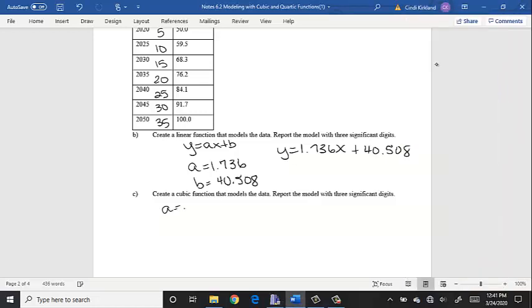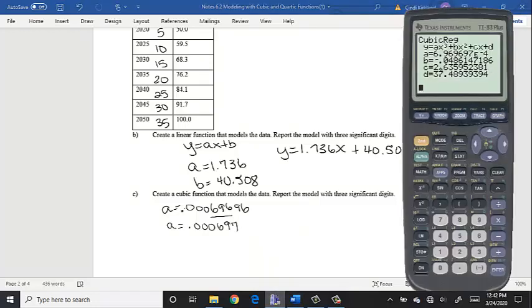So a equals 0.000696. We need 3 significant digits. These first 3 zeros are not significant, so we want 3 digits after those zeros. So we're going to stop with the 6, and I look to the right. Since that's a 9, we're going to round up, so our a value is 0.000697.